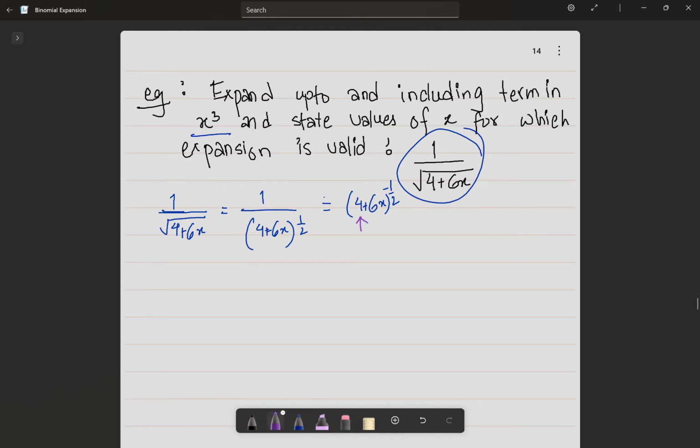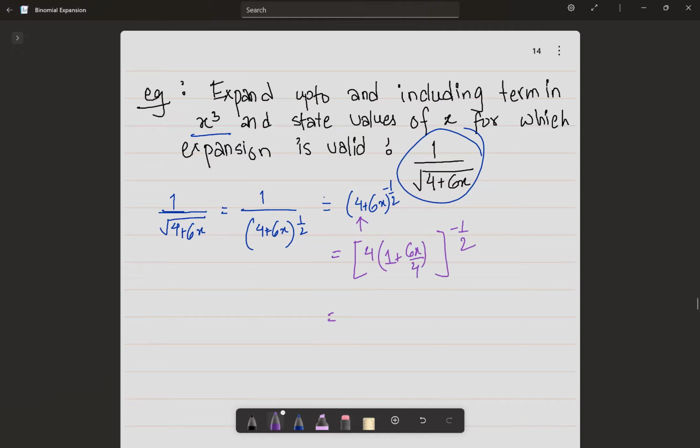In the first place, the first term has to be 1. So what will we do? We will take 4 common from 4 and 6x. If we take 4 common, the first term becomes 1 and the next term becomes 6x by 4.